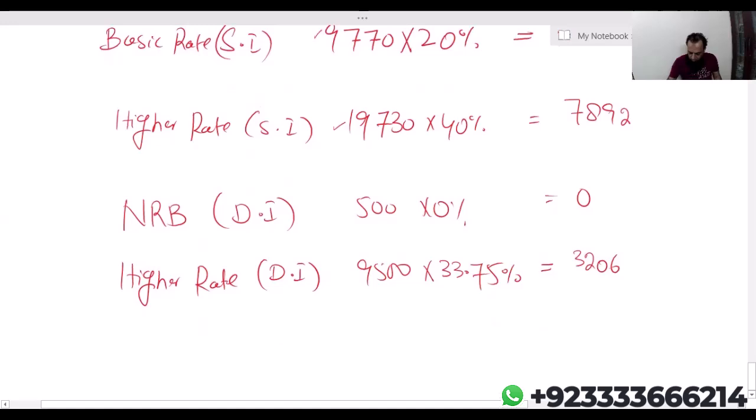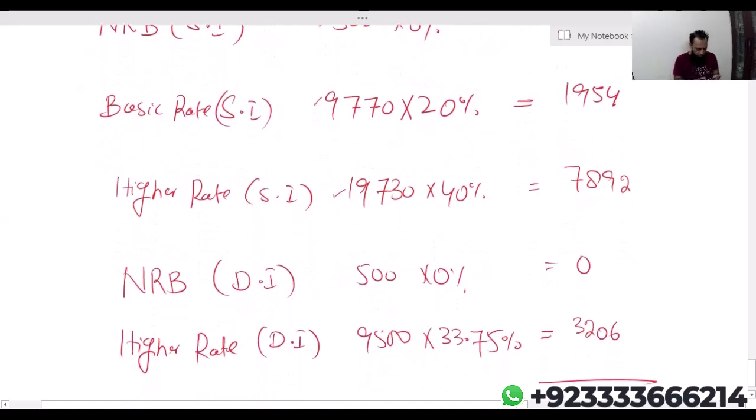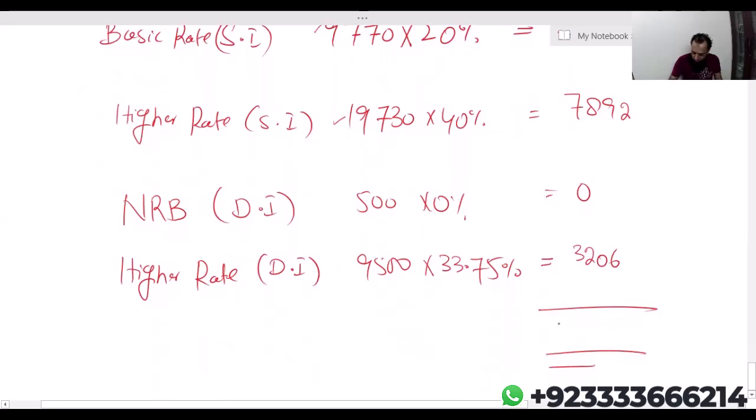Yes, let's add all of them. 5,486 plus 1,954 plus 7,892 plus 3,206. I'm getting 18,538.